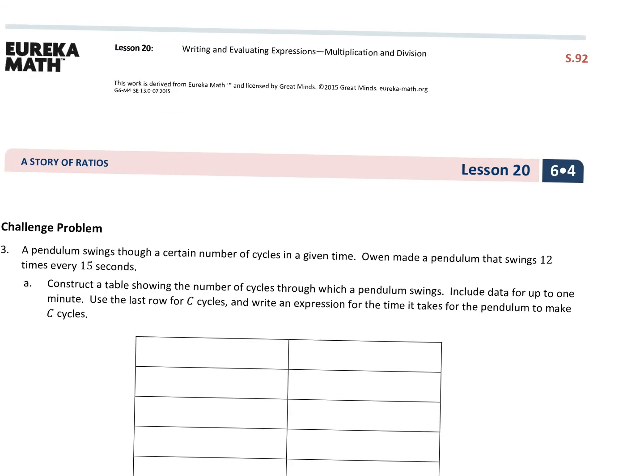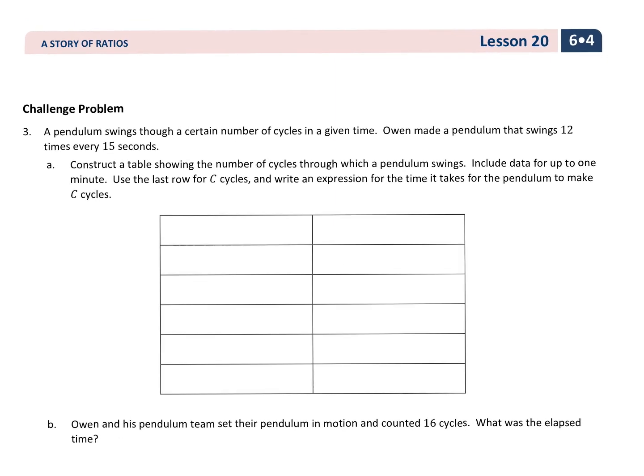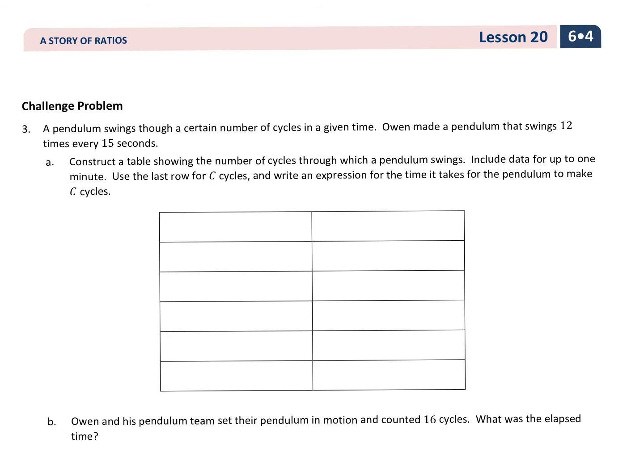And then this last one says it's a challenge question. So I'm going to help fill some things in here, or you can just stop here and get started, or you can kind of listen more. This says a pendulum swings through a certain number of cycles in a given time. Owen made a pendulum that swings 12 times every 15 seconds.